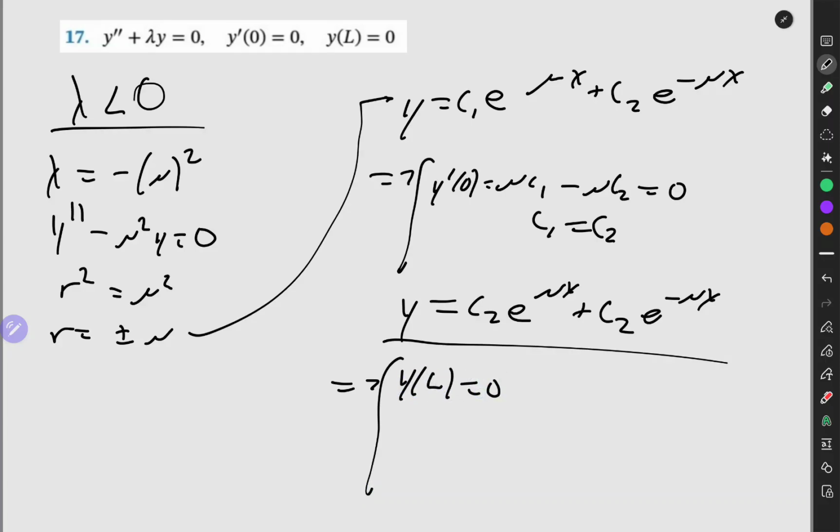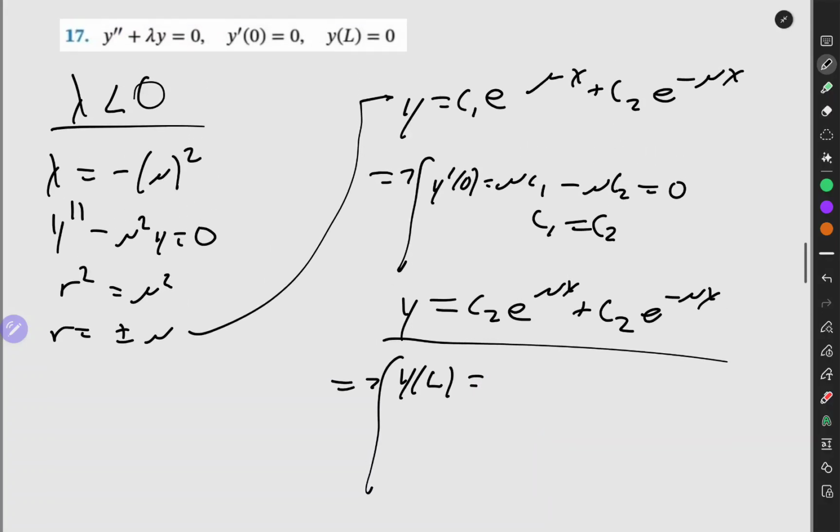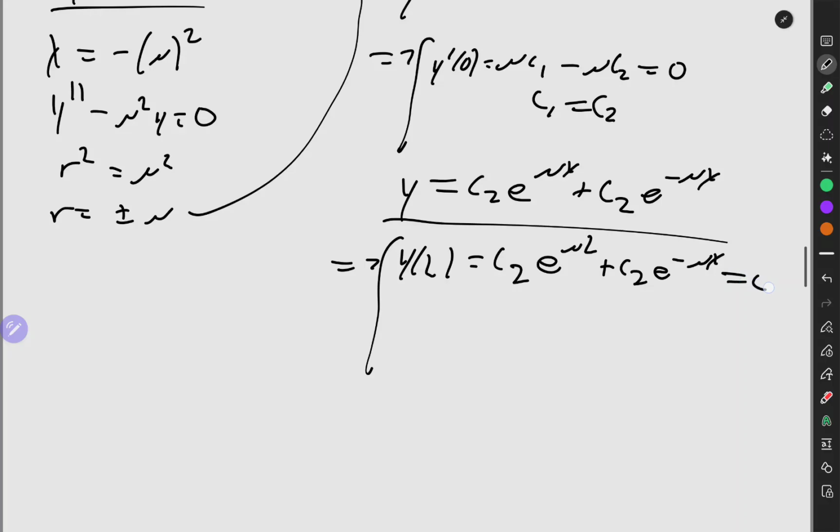Y of L equals 0 this time. That's the difference from the last problem, this condition. I can tell you right now this is trivial. E to the negative lambda x equals 0.